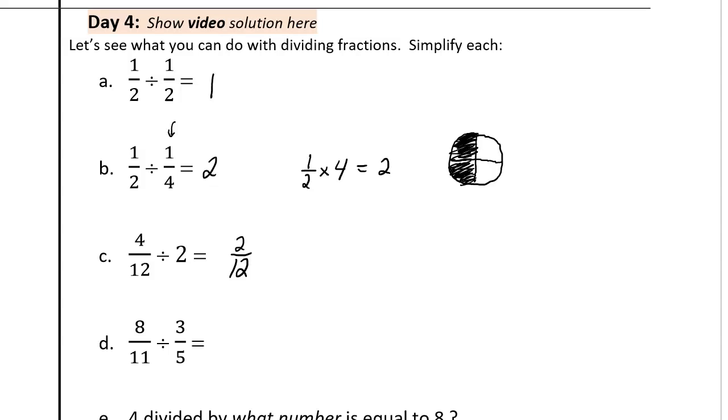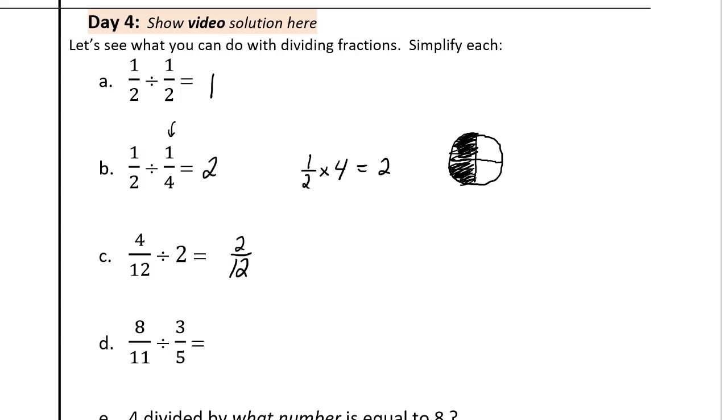What's 4 divided by 2 equal? 2. What's 4 apples divided by 2? 2 apples. What's 4/12 divided by 2? 2/12. Apples is a tangible object, just like twelfths of something is a tangible object.